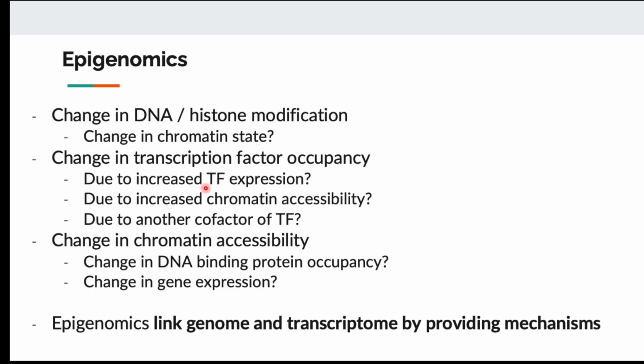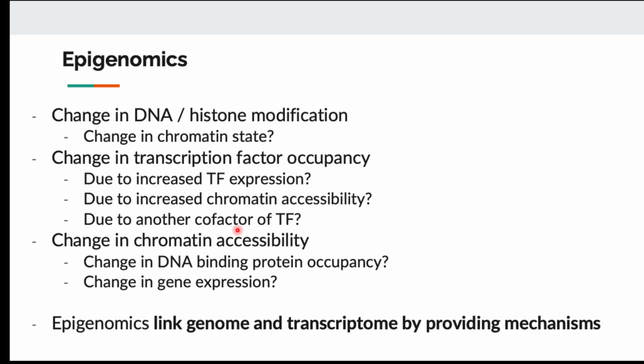We can still ask, is the increased binding because we have more expression of the transcription factor itself? We produce more transcription factor, so more of them can bind. Or do we have more accessibility of the chromatin? The binding site opens up in certain cell type or in certain disease, and the transcription factor can access the DNA. Is that the reason?